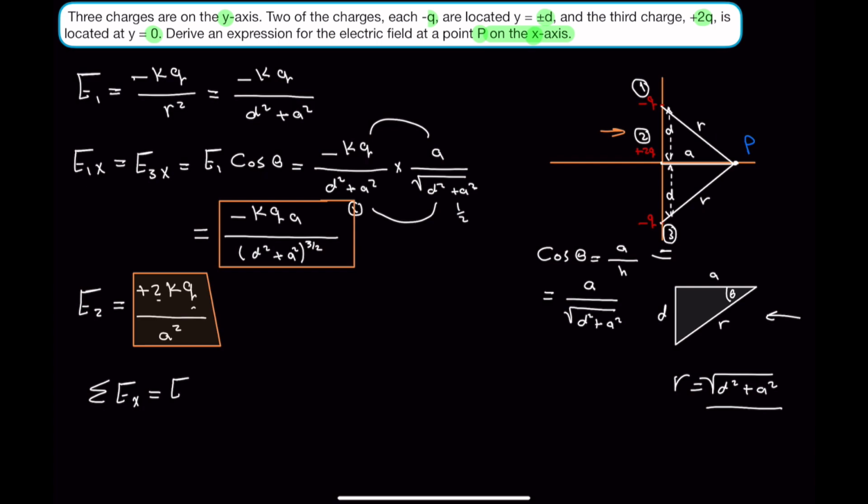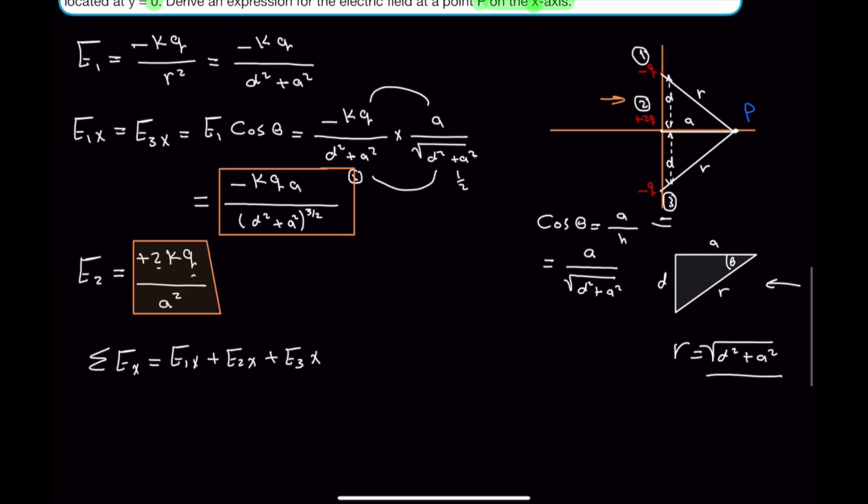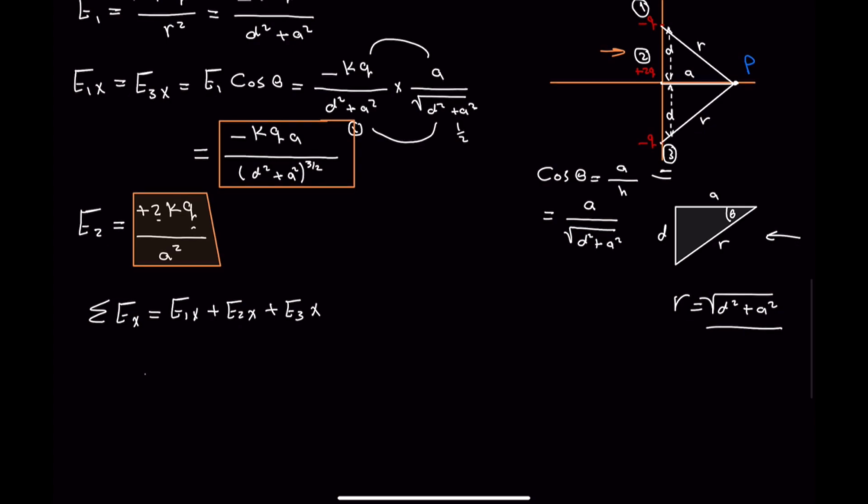So E1x plus E2x plus E3x, which is equal to, here let's start with E2x because it's the easiest one here.